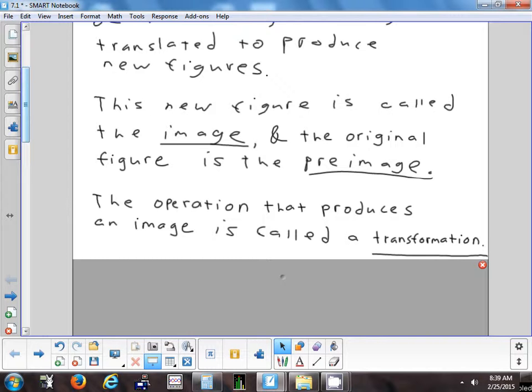So the operation that creates your image, that's called a transformation. When you do a transformation, you can really get into a lot of computer programming here, like an animation. So you might have an object on the screen, and you want to take that object and move it somewhere else on the screen, like if you're animating something, or maybe in a movie, one of the characters is looking into a mirror.